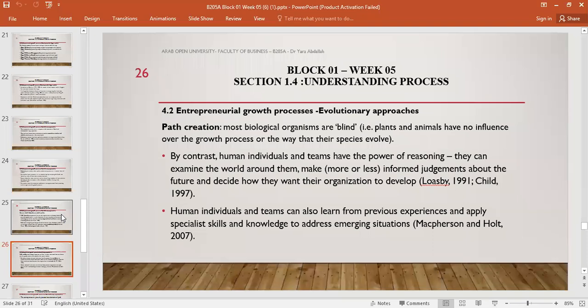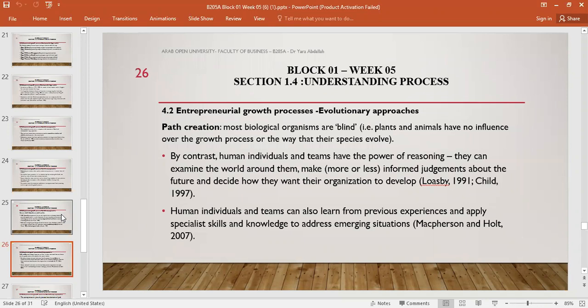And the path creation here tries to let us know that each company, each venture can create its path, can create its future. This means if you are a company, you can have certain humans with certain skills and certain previous experience and certain knowledge that can help you to create your path, to grow in the future.